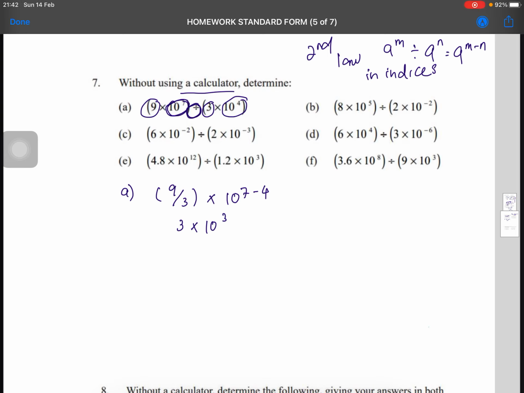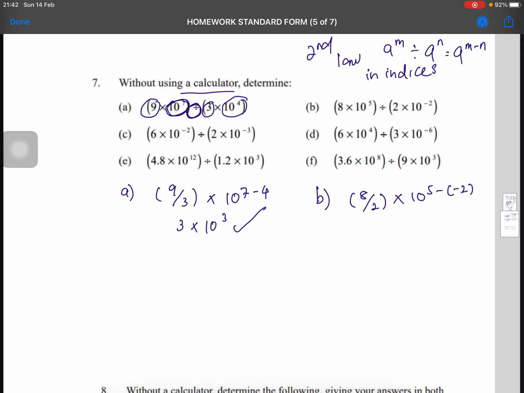Okay, is it in standard form? Yes. Make sure if you learn standard form, you must leave your answer in standard form. Okay, B. 8 over 2 times 10 to the power of 5 minus 2.